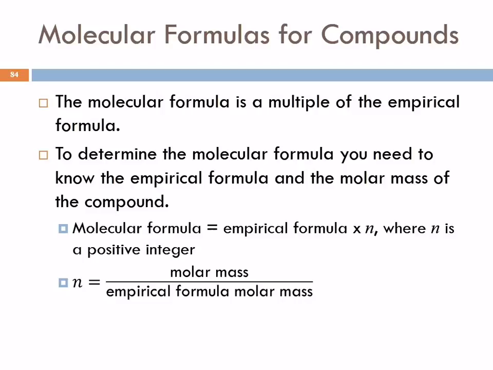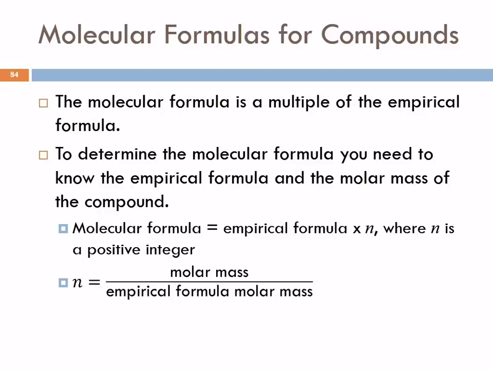It could be multiplied by 1. They're the same. Or it could be 2 or 3 or 4. To find the molecular formula, we have to have the molar mass of the compound. That is not something that you can determine experimentally. That requires the use of a mass spectrometer. We're not going to learn how to do that in Chem 1A.